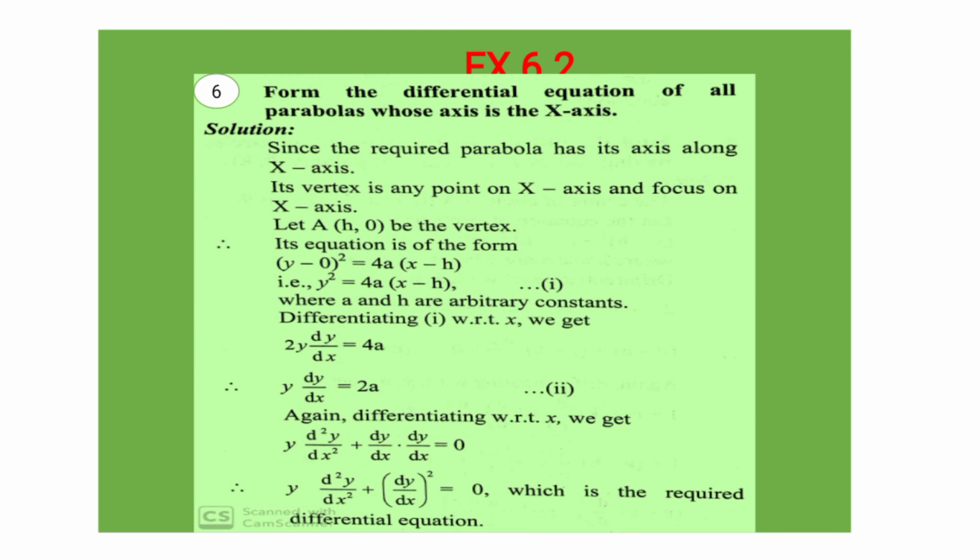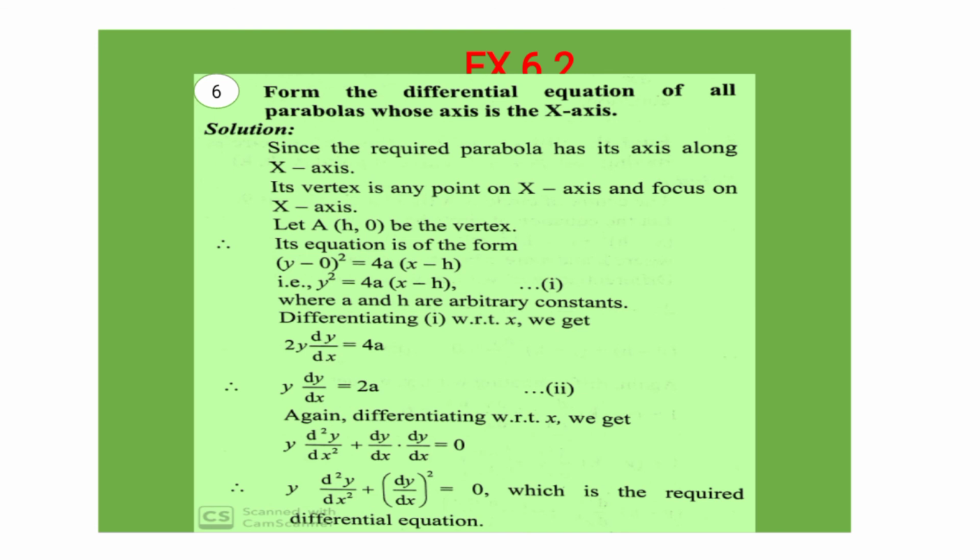Now, 6. Form the differential equation of all parabolas whose axis is the x-axis. See the solution. Since the required parabola has its axis along x-axis, its vertex is any point on x-axis and focus on x-axis.